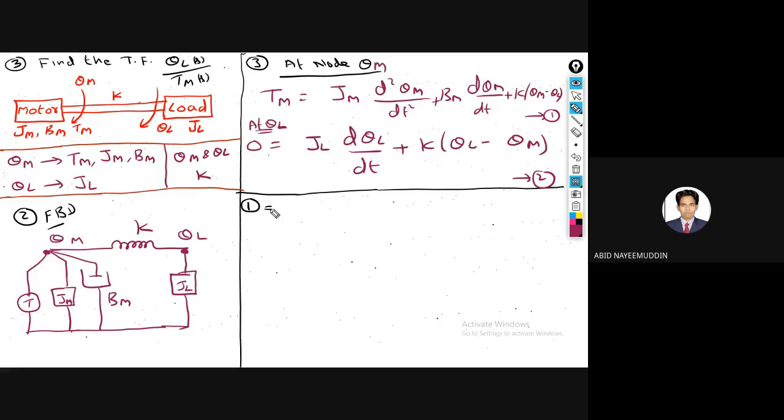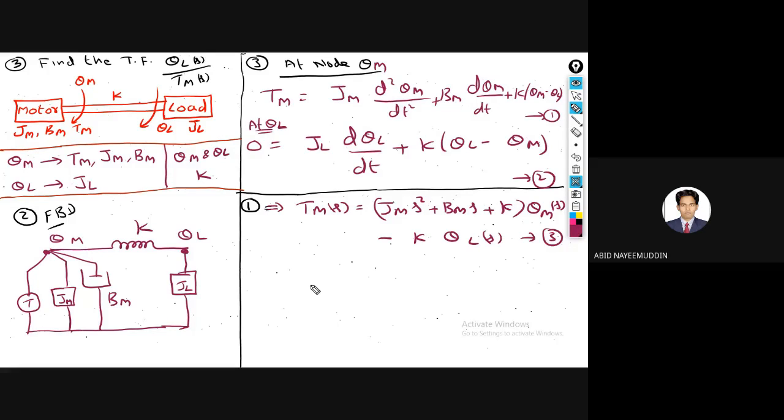So equation 1 implies, if you apply Laplace transformation, Tm of s is equal to Jm s square plus Bm s plus K, times theta m of s, minus K into theta l of s.